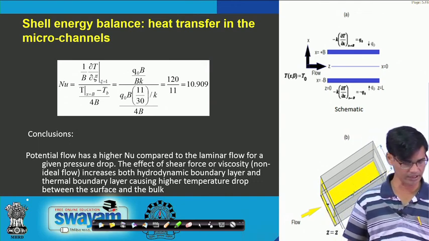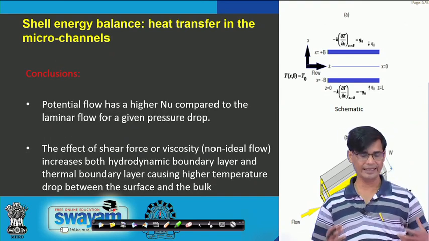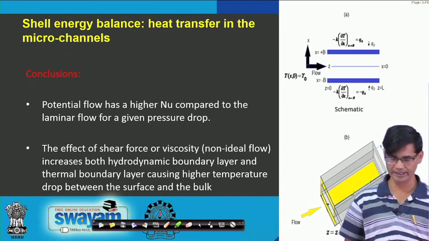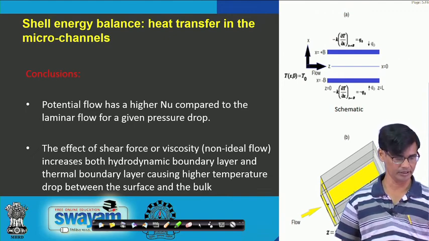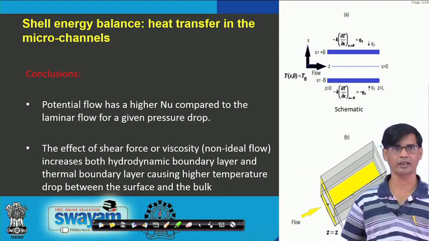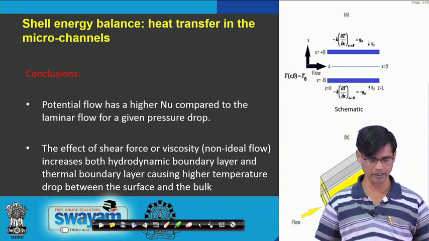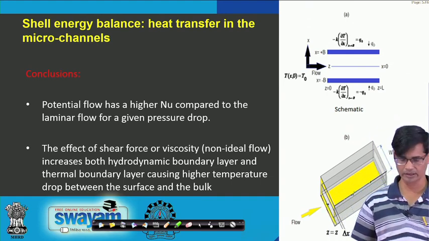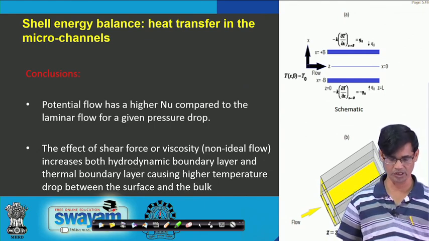That means that when there is a viscosity effect, it increases the thickness of the thermal boundary layer and the hydrodynamic boundary layer, and that thickness increase decreases the Nusselt number. Obviously, potential flow has a higher Nusselt number compared to laminar flow. So this example tells how heat transfer is affected by the velocity profile or viscosity effect.